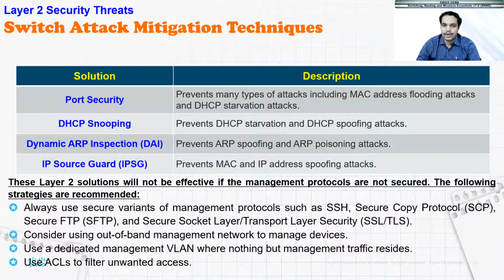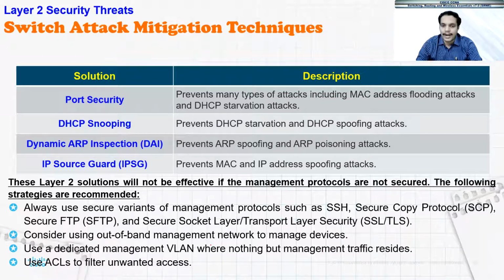There are some other layer 2 solutions. They are not actually good enough if proper protocols are not maintained. The following are some of the strategies which can be implemented to safeguard all of these solutions. Always use secure variants of management protocols such as SSH, secure copy protocol, secure FTP, and SSL/TLS, secure socket layer for transport layer security.